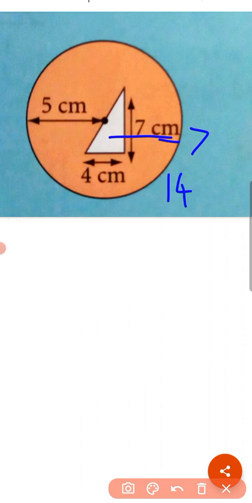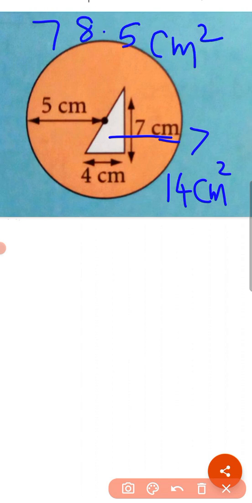14 centimeter square is the area of the triangle, and the area of the circle is 78.5 centimeter square. Now find the area of the shaded region.